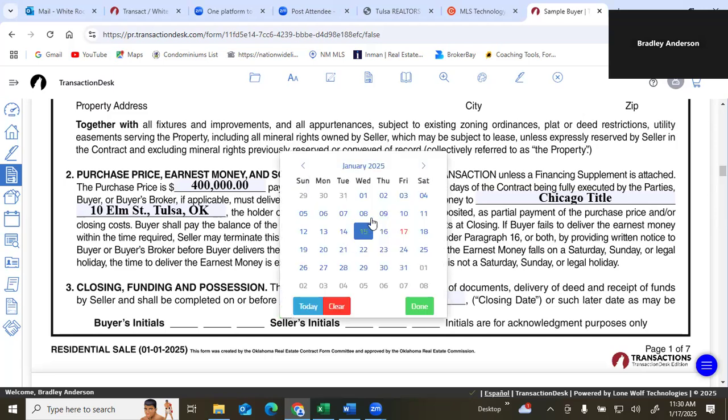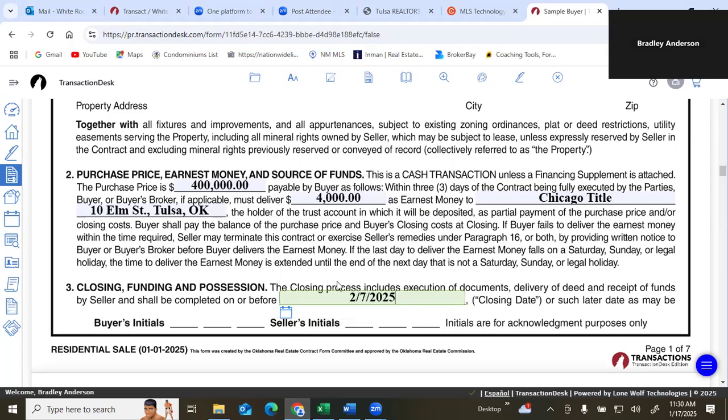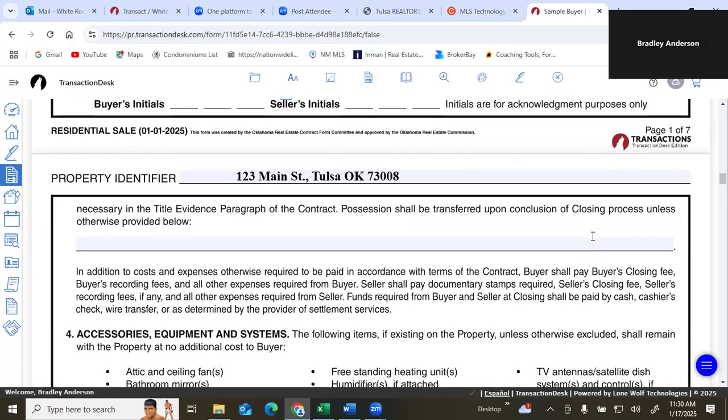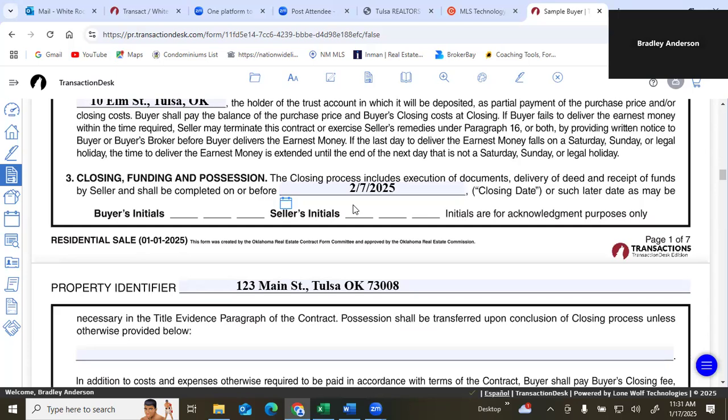Okay, here's a calendar in case, let's just see if February 1st is even a weekday. It is not. So let's move that to the 7th. Okay. Or such later date as may be necessary in the title evidence paragraph of the contract. So there are other things within this process that may delay closing, but this is the date unless otherwise changed.